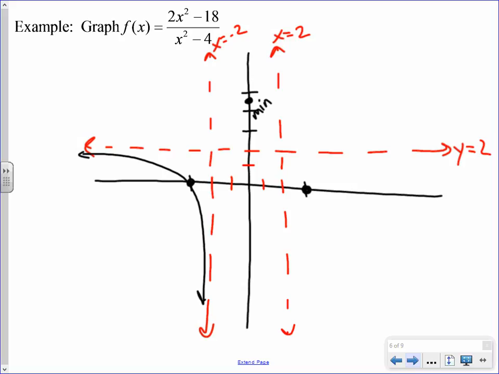On the interval 2 to infinity, our calculus told us that we are increasing and concave down, correct? Increasing and concave down.